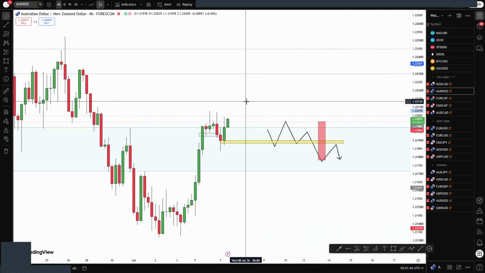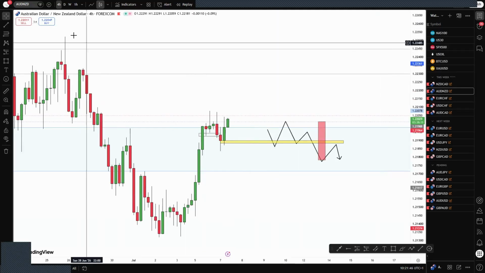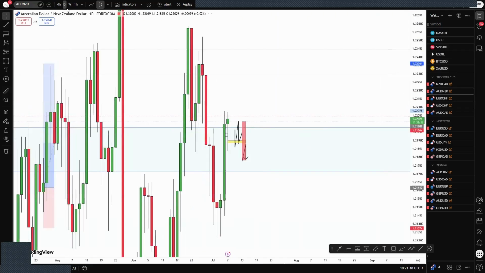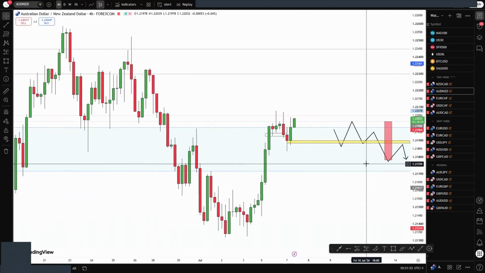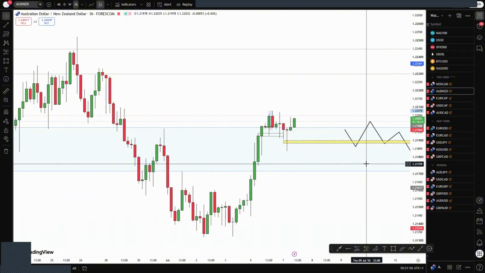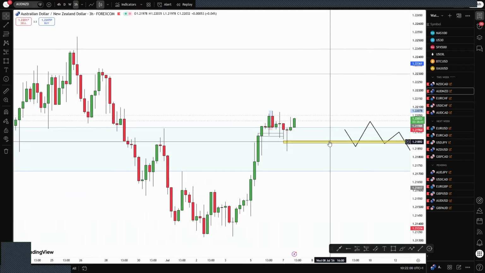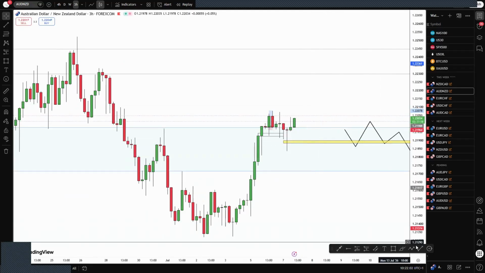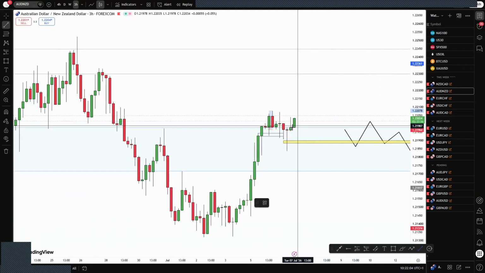So what we can just do here is simply wait. And if you want to see what the lower time frame is saying, you can clearly tell that for the 3 hour time frame, price has to buy more again, right?